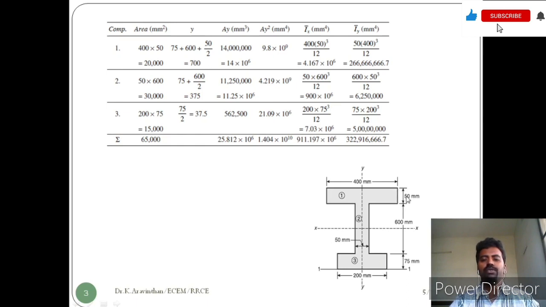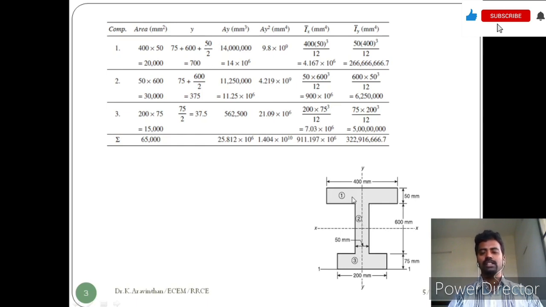The depth here is 50, so the centroid of this rectangle will be acting along 50 by 2, that is 25. So you have to consider with the reference plane. If we consider from the reference plane, you are having 75 mm plus 600 mm. That is why 75 and 600 are added, after that 50 by 2. So this is the centroid from the reference plane.